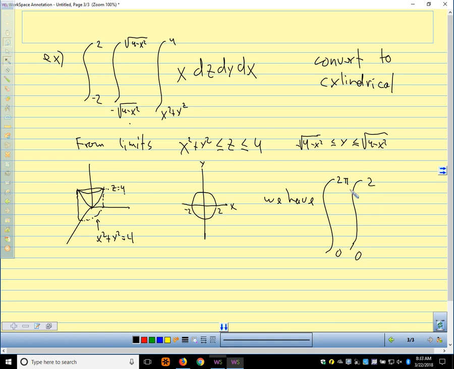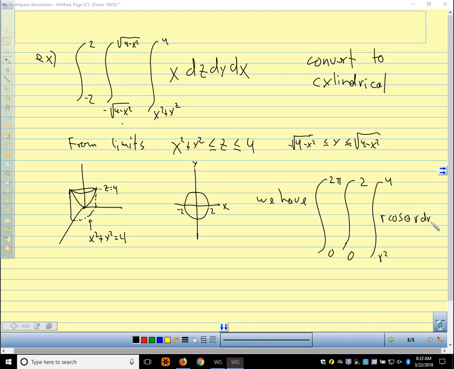And z is going to go from r squared to 4. And then we have x, r cosine theta, so we'd have r cosine theta, r dz d theta. I'm just leaving that. Oh, I forgot my z. r dz d theta.